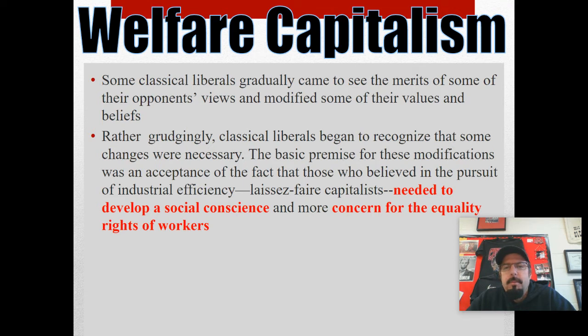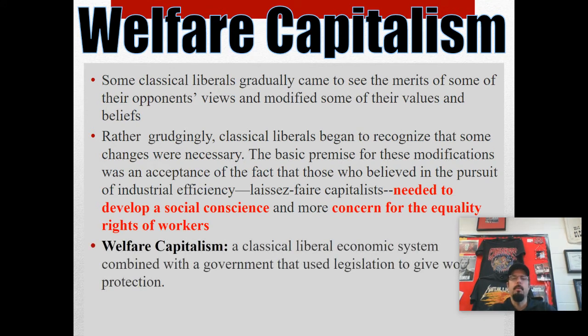The basic premise for these modifications was an acceptance of the fact that those who believed in the pursuit of industrial efficiency, the so-called robber barons or laissez-faire capitalists, needed to develop a social conscience and more concern for the equality rights of workers. In other words, you can make money, but at the same time, do not completely exploit your workers because they're in a position of vulnerability.